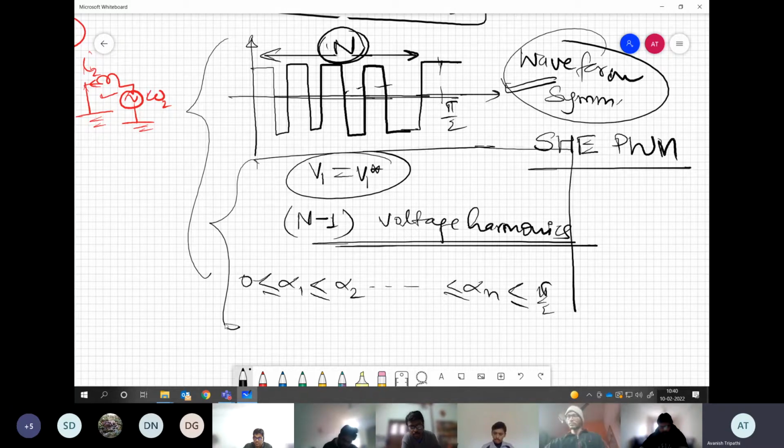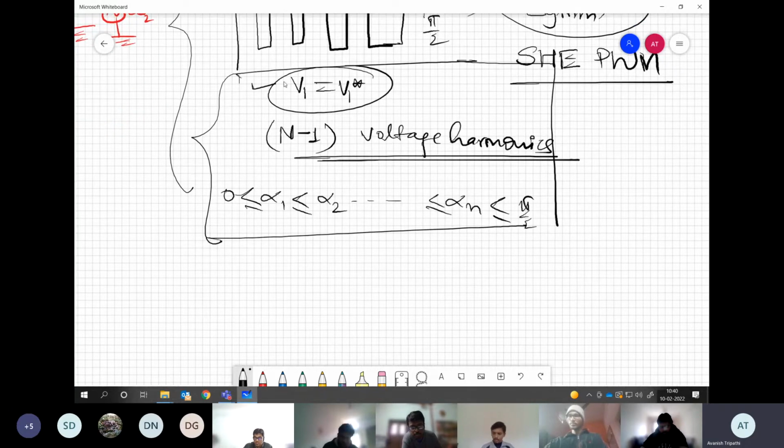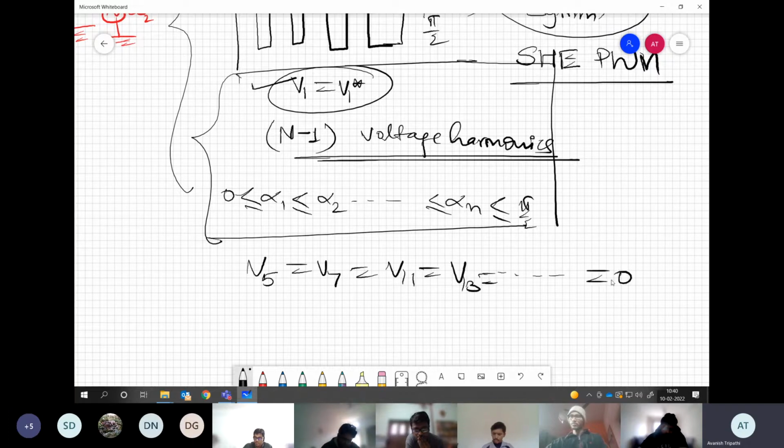So in general, what we will do is solve these equations. All these N equations plus this inequality, we will solve. One is this, and then we will have V5 equal to V7 equal to V11 equal to V13 and so on, all going to 0.